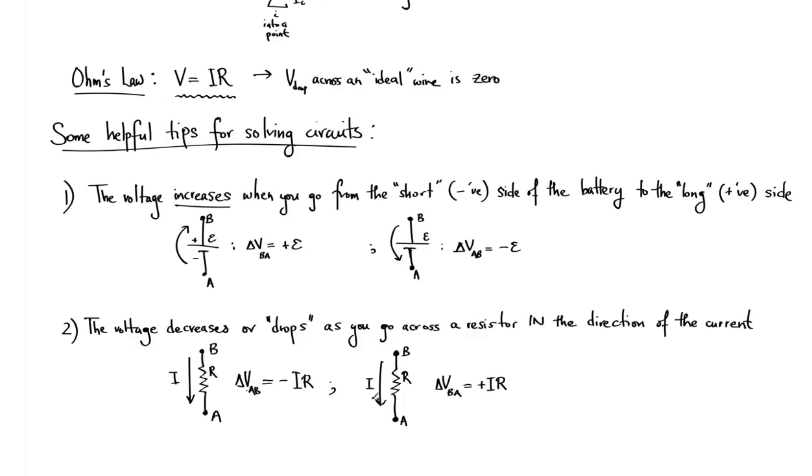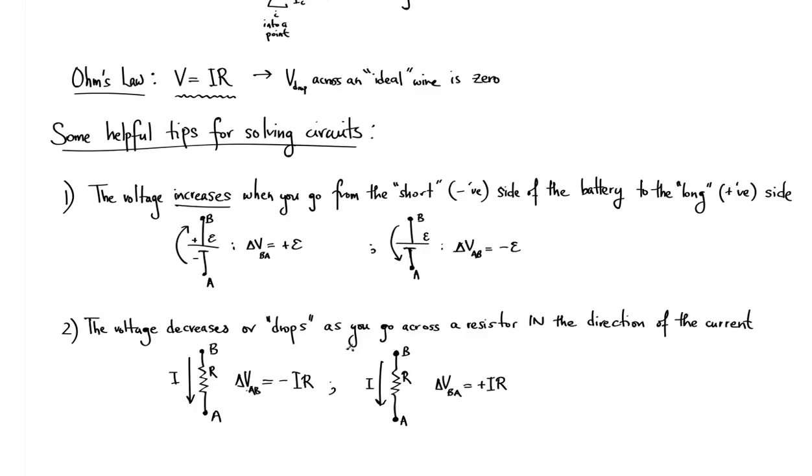Again, if I have the same situation, but in this case I wanted to go from A to B, right? So here I've inverted the indices. If the current is still going down, but for whatever reason, in my Kirchhoff loop I'm going against the current, then that will be an increase in the voltage, right?